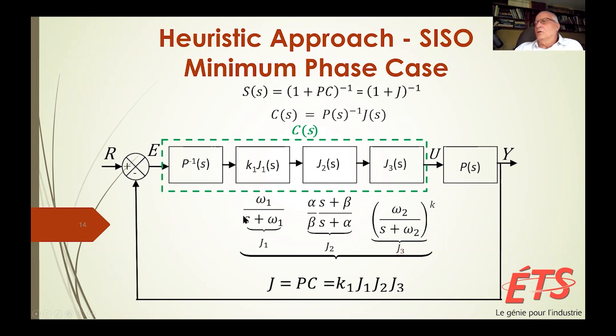And I'm building a low frequency with high gain here, but as I told you, for low frequencies. This element here is another filter, low-pass filter at higher frequencies, where this frequency is dependent on this gain. Okay, there's a dependency. And at the same time, I make sure that the power K makes sure that this is strictly proper. That means that C of S itself is strictly proper, so that everything's fine.